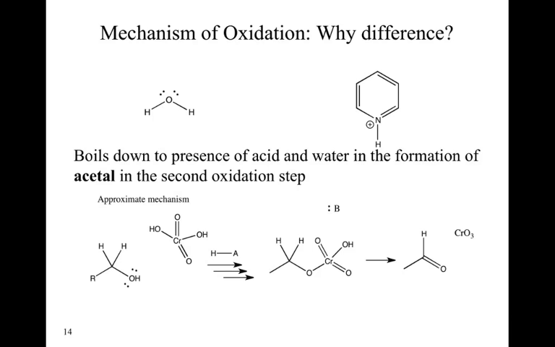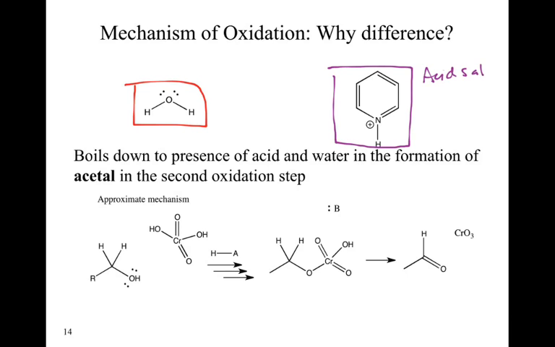So, why the big difference? Well, I actually kind of just addressed it. In chromic acid, we have water, and again, stupid slides. In PCC, we have pyridinium. This is pyridinium. It is the acid salt of pyridine, which is our solvent.